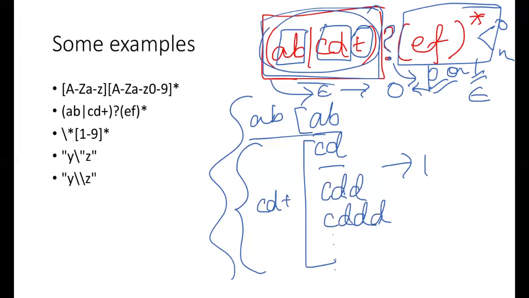If this gives me epsilon, so I will get AB as a string, or I will get CD as a string, or I will get CDD as a string. It will go on like this.